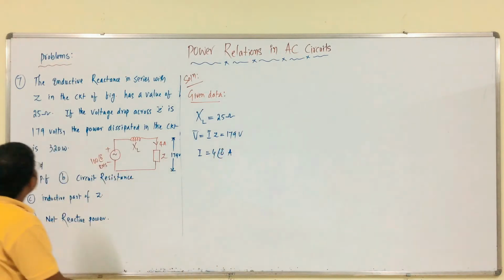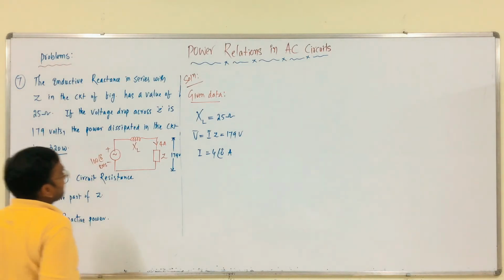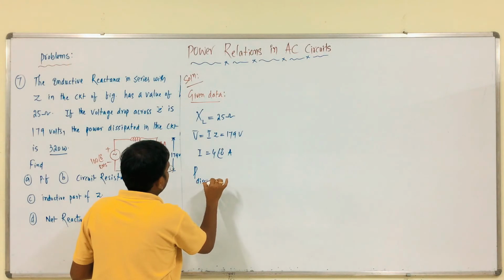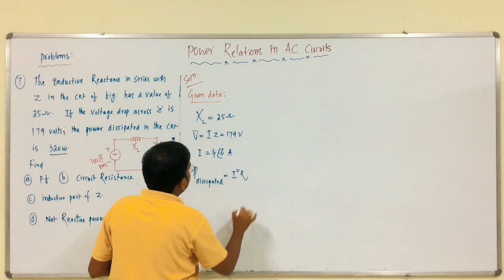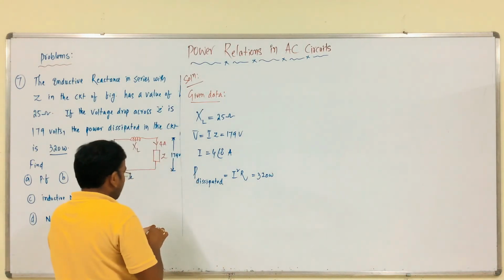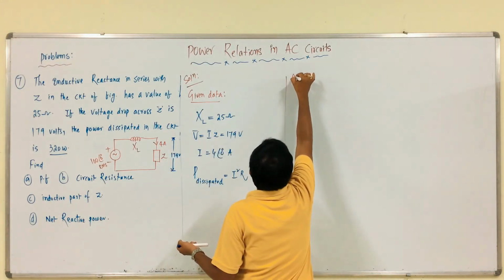The power dissipated in the circuit is 320 watts, which is nothing but I square R, that is 320 watts. That is it, this is the given data. So from this, first we have to calculate the power factor.